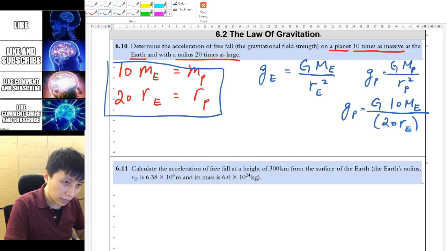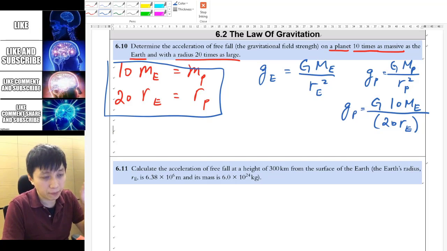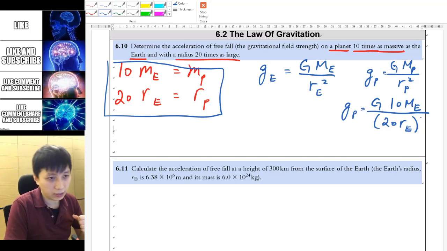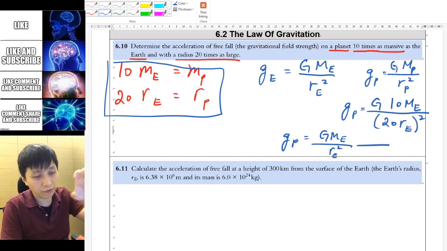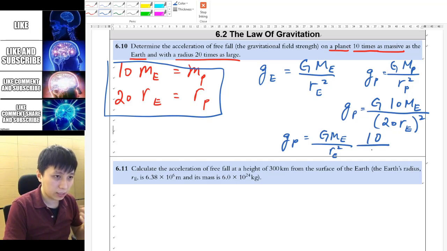And let's not forget, when you bracket, you have to bracket both 20 and the Earth radius. Okay, and then square. And so the next thing that you can do is simply simplify it. So you can have G ME over RE square, and while this is the coefficient, you can take it out, so that will be 10 and also 400 down below.